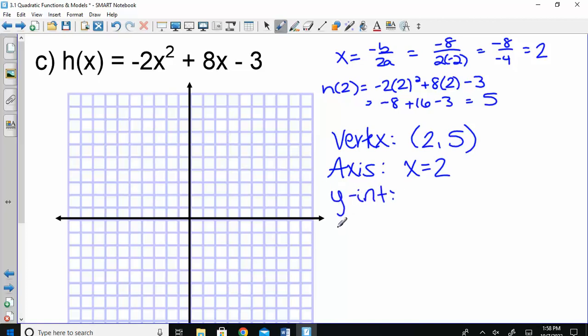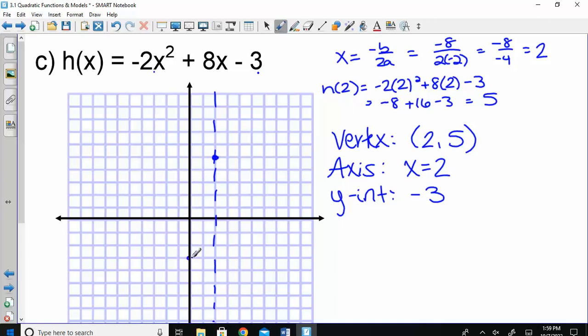What would the y-intercept be? -3. If you plug in 0 for all of your x's, we just get -3. All right, so if we graph it, put a point at (2, 5), draw the dashed line for the axis of symmetry.